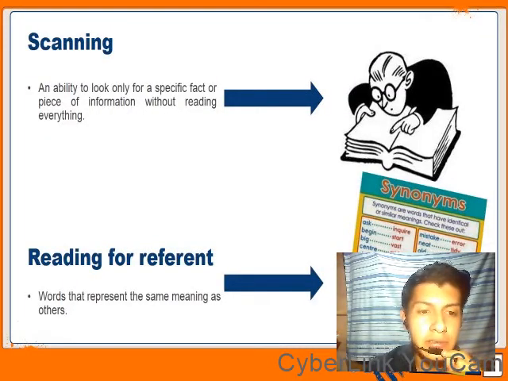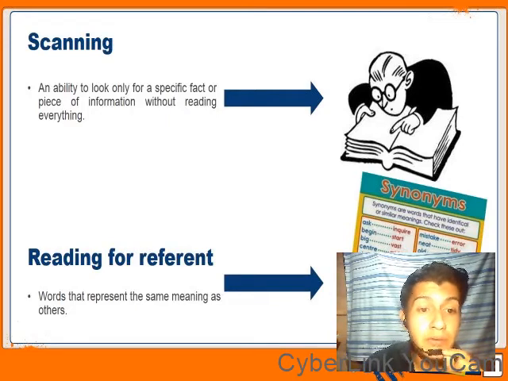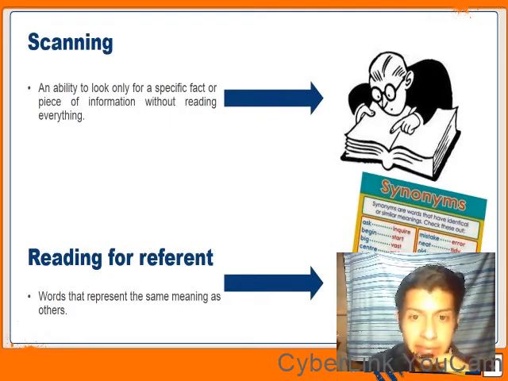Now let's talk about reading for scanning. Billy also mentioned that scanning is another useful tool for speeding up your reading. So when scanning, you look only for the fact or piece of information without reading everything.